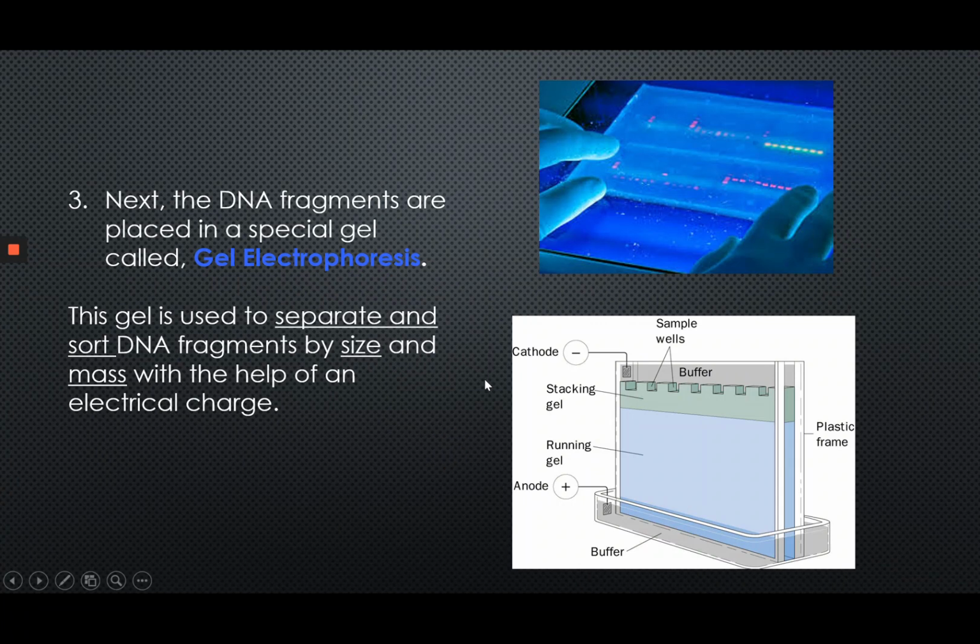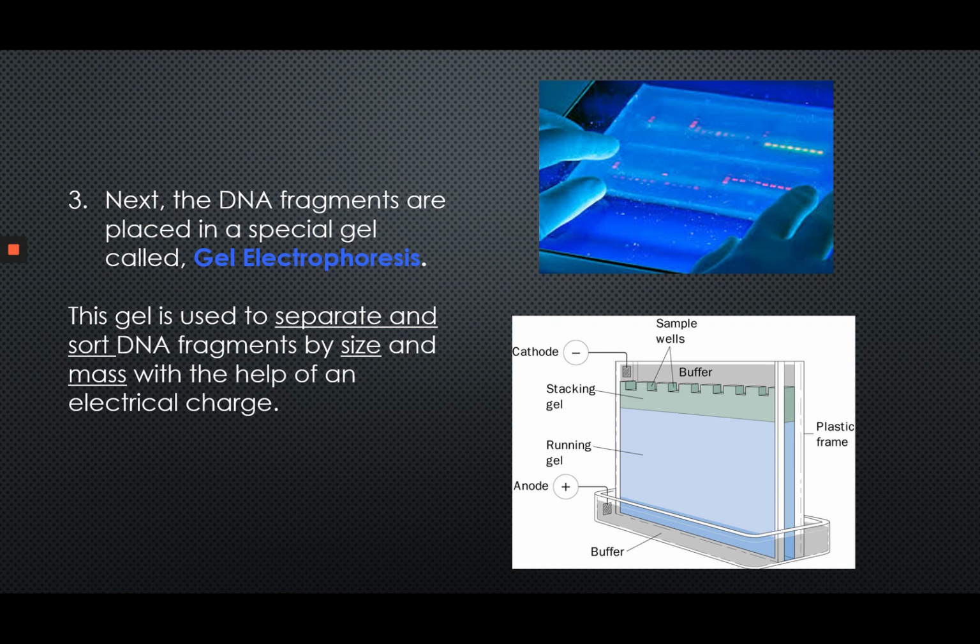Once you have all these different fragments of DNA that have been amplified, they're now put into a special gel used for gel electrophoresis. It's kind of like Jello, but a little bit thicker. The idea is if you run an electric current through this gel, all those fragments of DNA will sort themselves according to size. This works because the DNA molecule itself is negative.